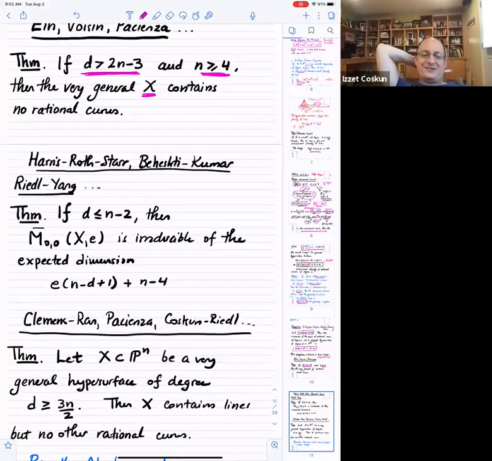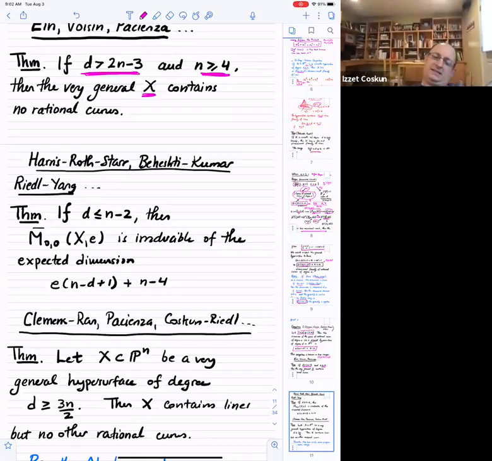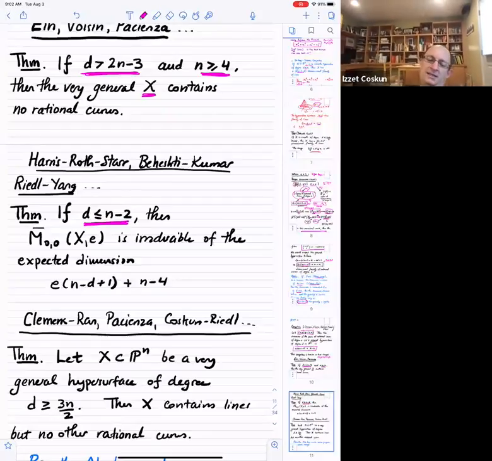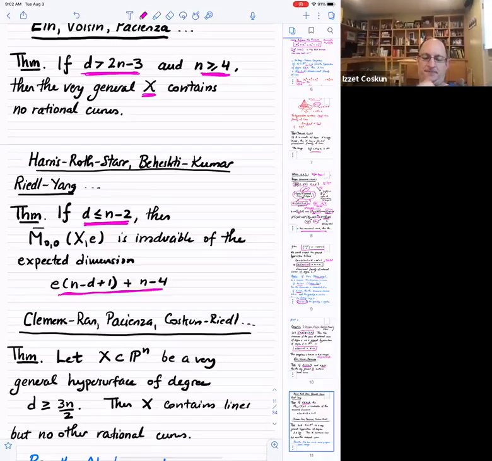Roughly for the history, Harris, Roth, and Starr first proved this for degrees roughly n/2. Beheshti and Kumar did roughly 2n/3, and then Riedl and Yang finally did it in this range. So not entirely the final range, but if d is less than or equal to n - 2, then the space of rational curves is irreducible and of this expected dimension.